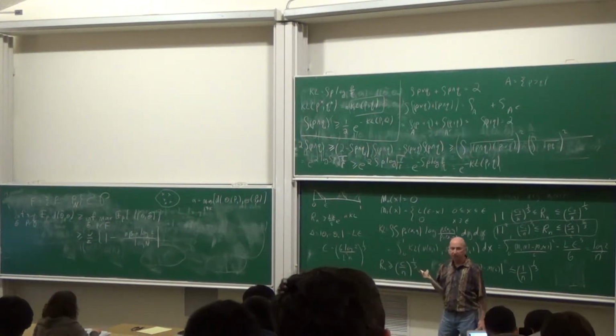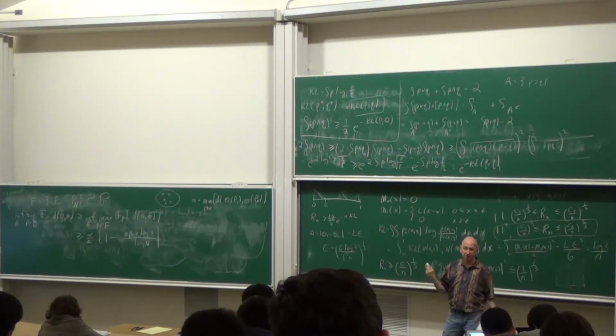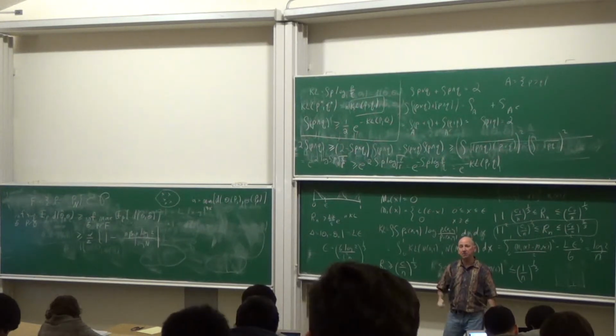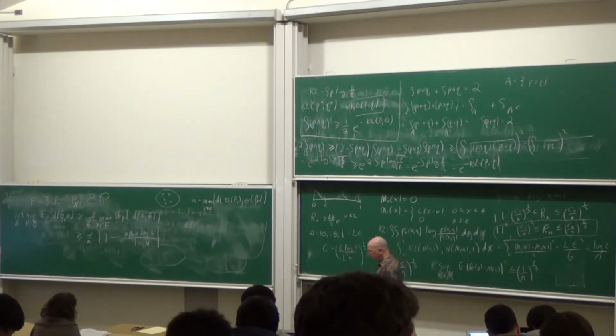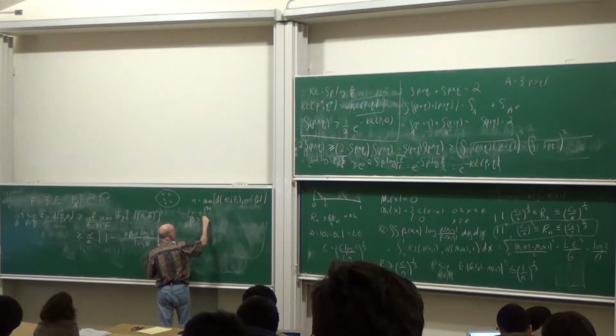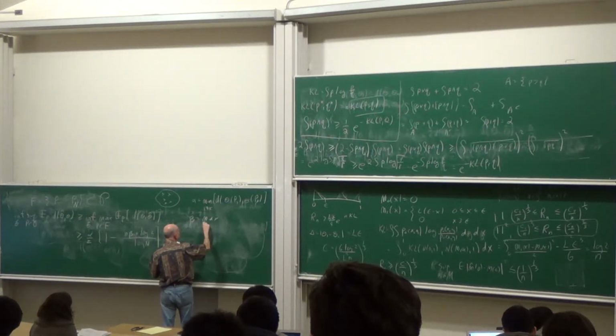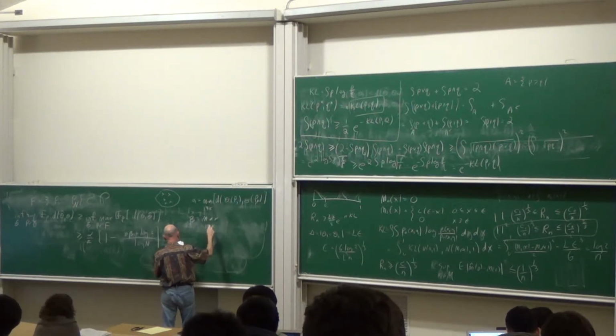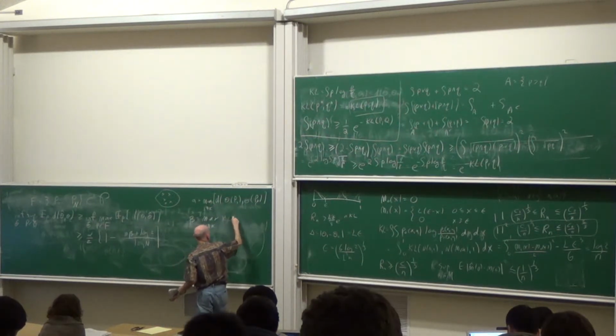So if there were only 2, that would be what we called delta, which is the distance between them. But now we're looking at the minimum distance between all of them. Beta is the maximum of the pairwise Kullback-Leibler distances.